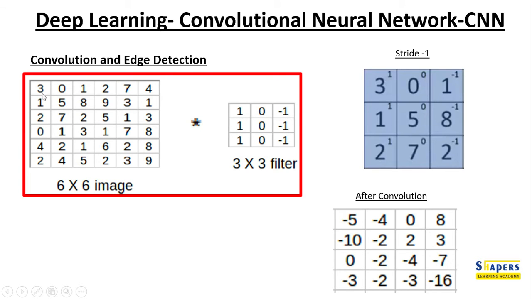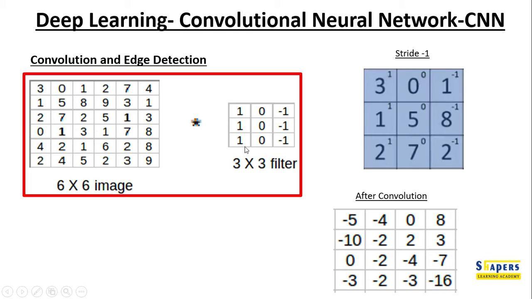Superimposing this filter on the primary image and multiplying the respective values with the pixels, something like this: 3 cross 1, plus 0 cross 0, plus 1 cross minus 1, plus 1 cross 1, and so on until the 3 cross 3 is superimposed completely. We get stride number 1.